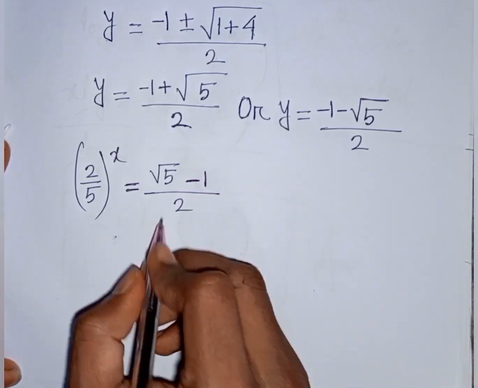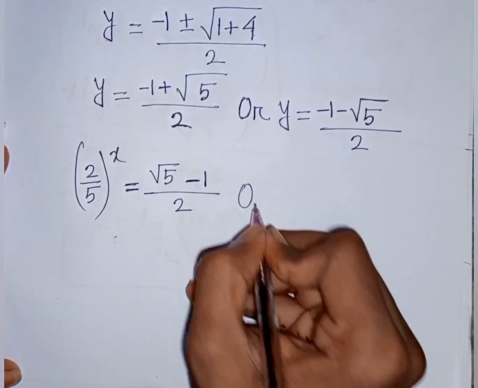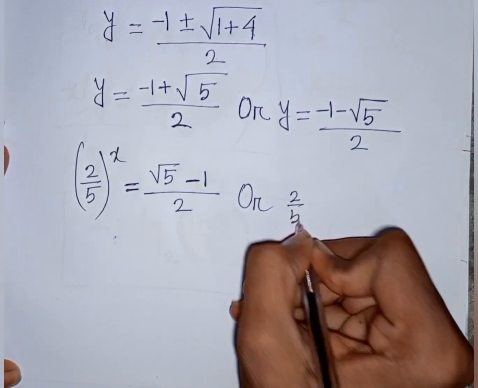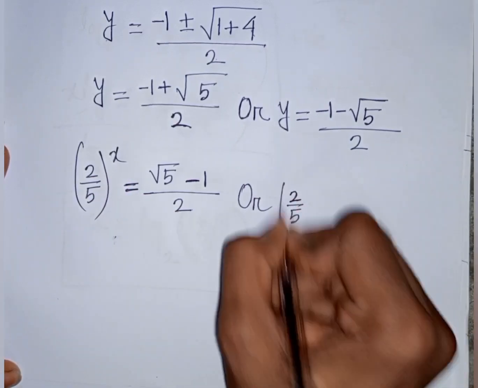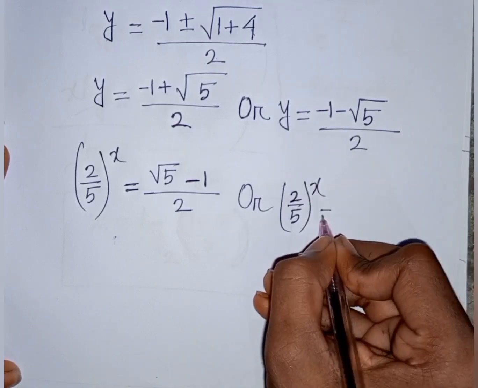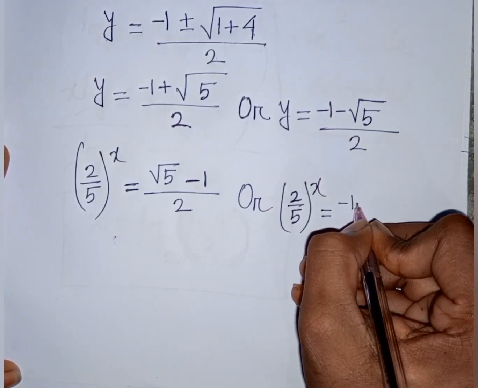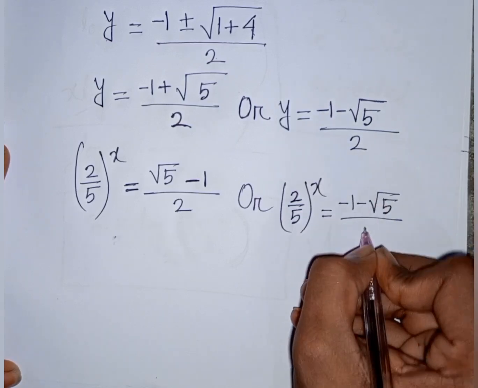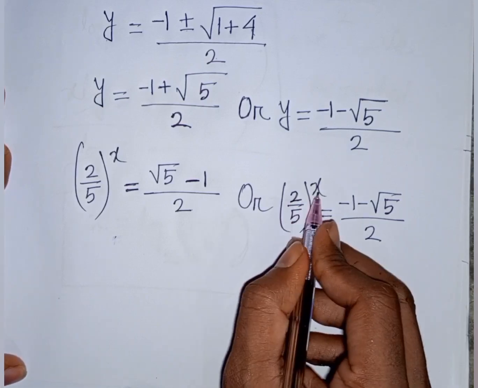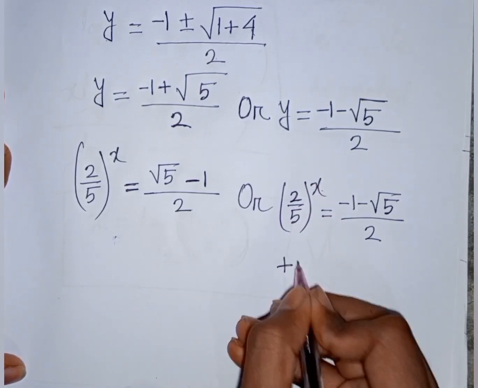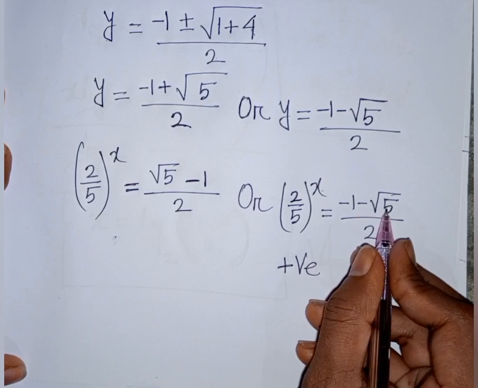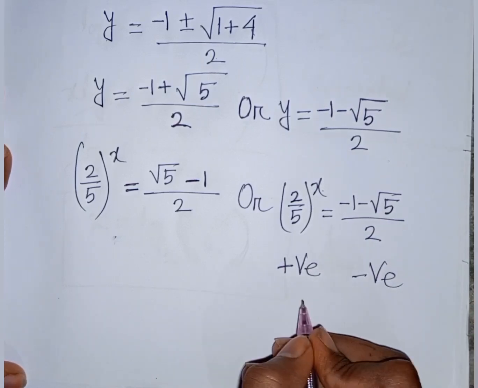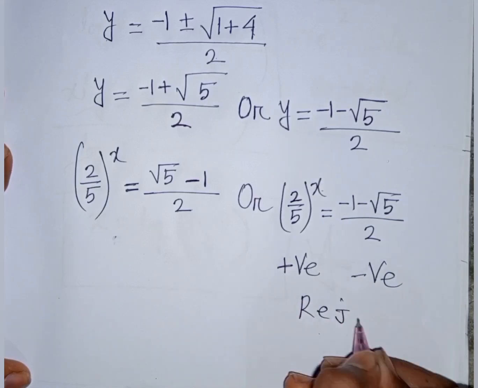Or y, that means 2 by 5 bracket power x, is equal to minus 1 minus a square root of 5 divided by 2. Now we see 2 by 5 bracket power any number is always positive, but minus 1 minus a square root of 5 divided by 2 must be negative. So positive cannot be equal to negative, so this is rejected.